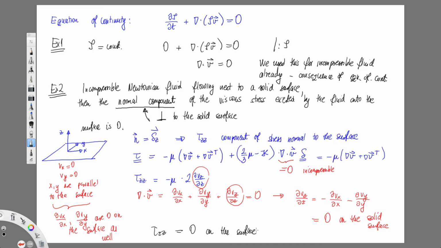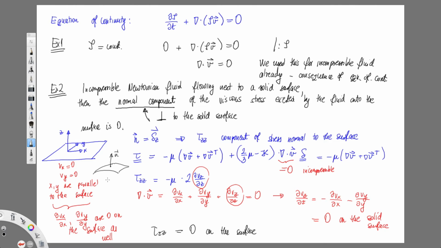Now, if I had some general surface, so if my surface was actually doing this, and there's a normal, then the claim is not that tau ZZ is 0, but tau NN, N being this normal, and that N is following the surface.